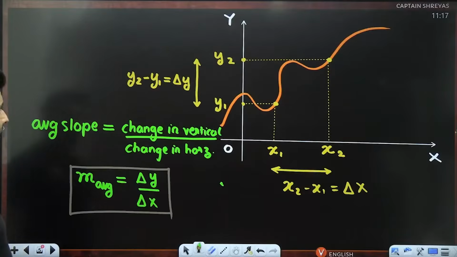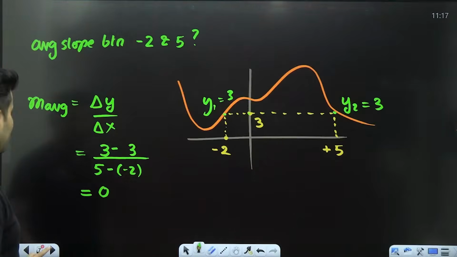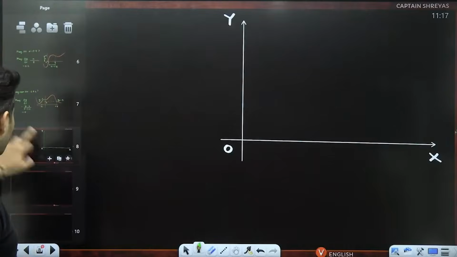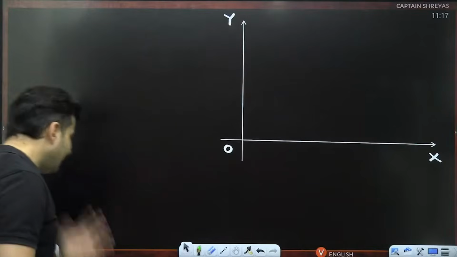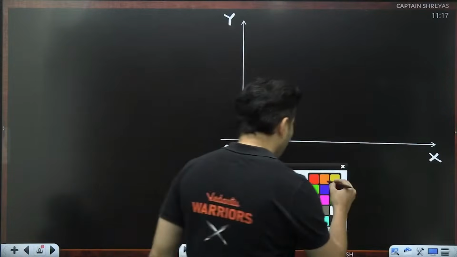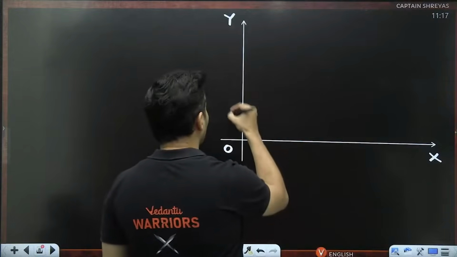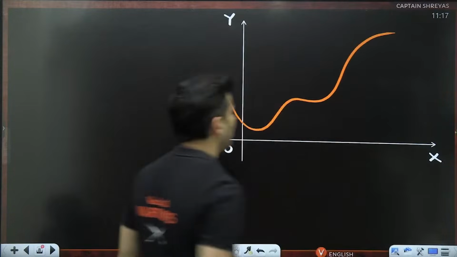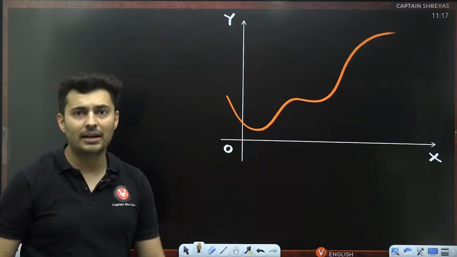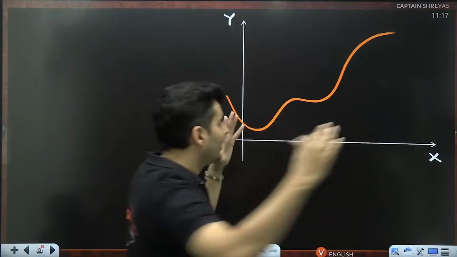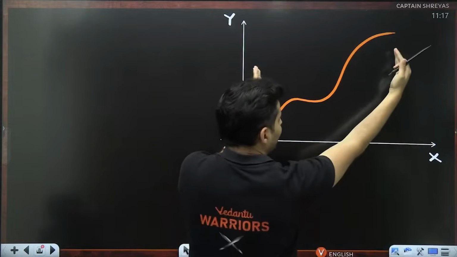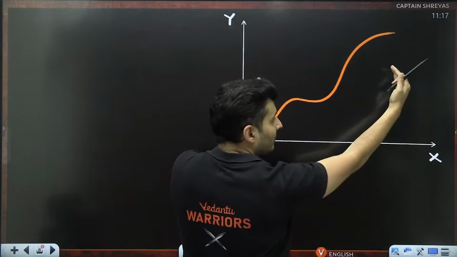Moving on now. Now that you have understood what is average slope, let's understand this concept of instantaneous slope. So, my dear students, my dear warriors, imagine some random curve. I don't want a range between which I find the average slope.